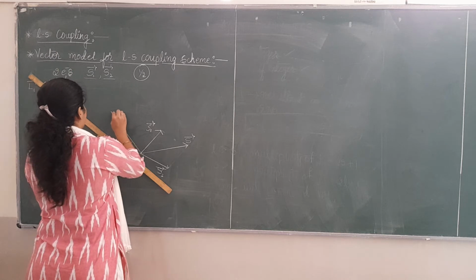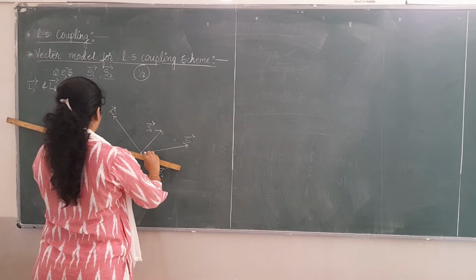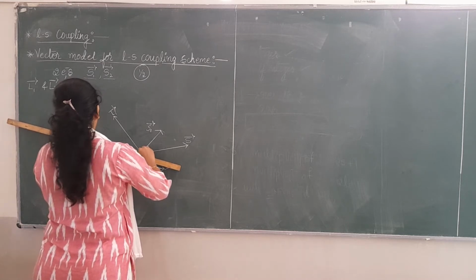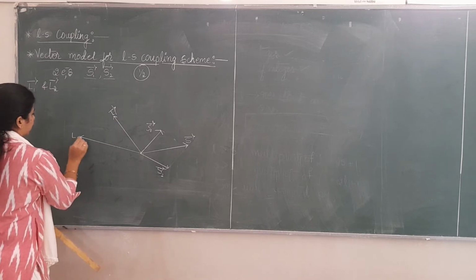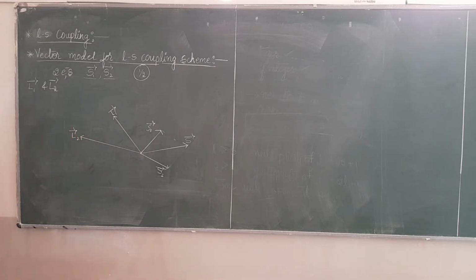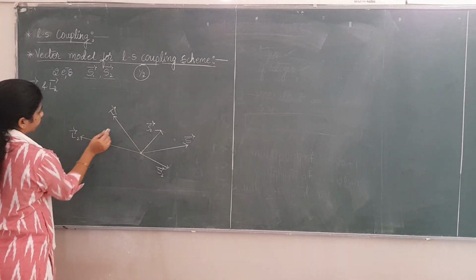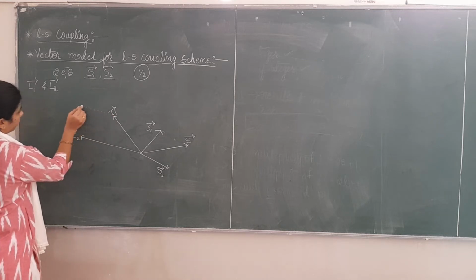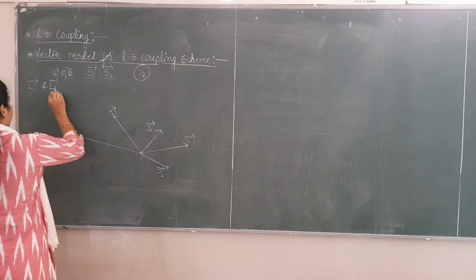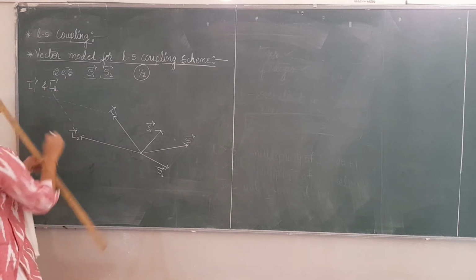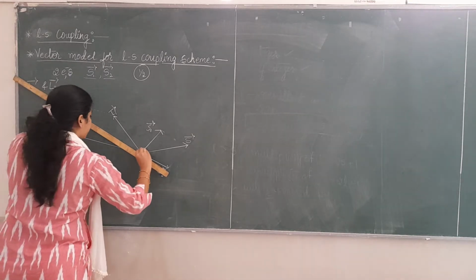Let this be L1, and let this be L2. Similarly, using the parallelogram law of vector addition, I can draw a line parallel to L2 and a line parallel to L1. Somewhere around here, I am going to get the resultant.